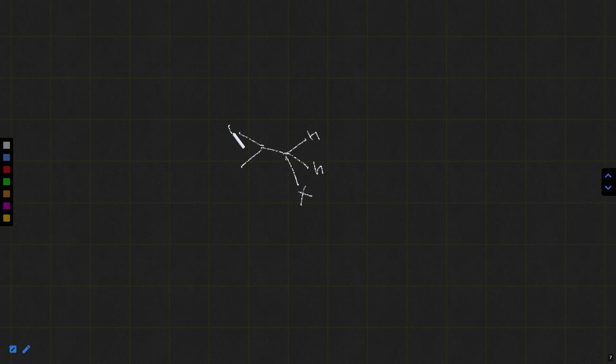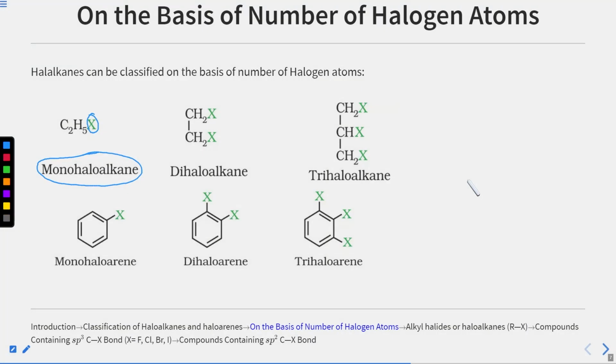So this will be our C2H5X. Now this X can be chlorine, fluorine, bromine or iodine. Clear? Next we can have the example of dihaloalkane.